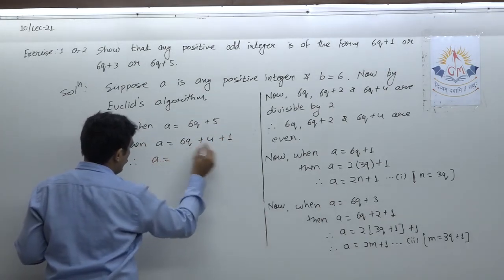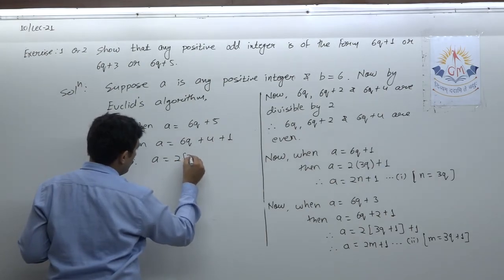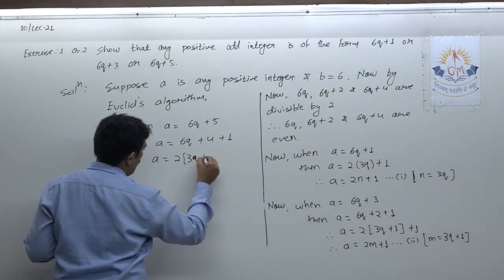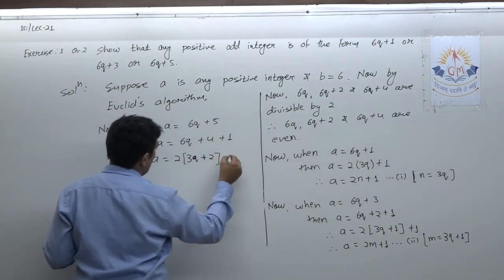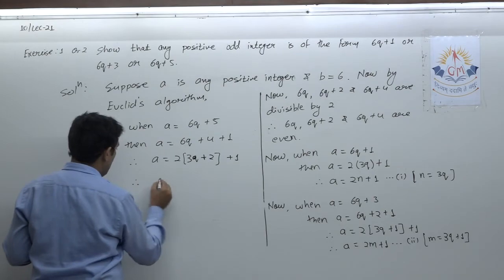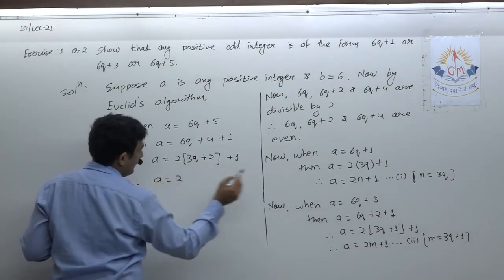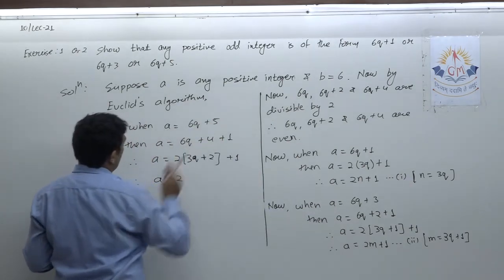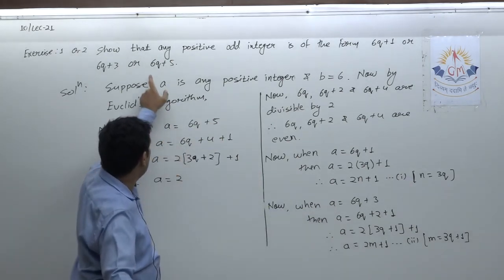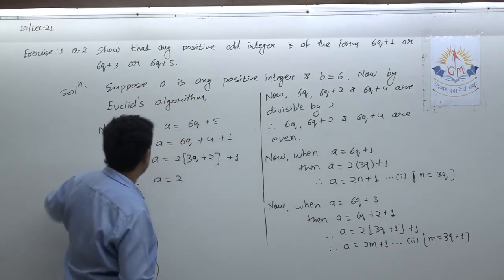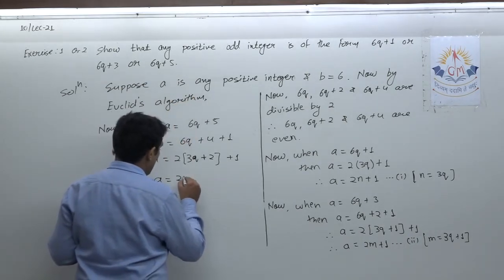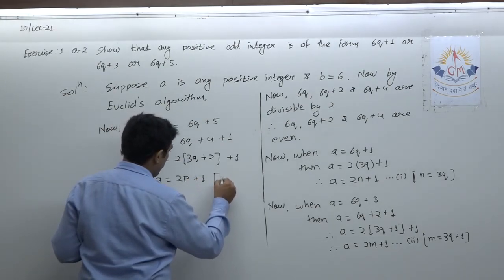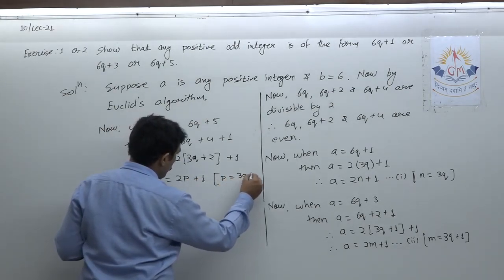Therefore a is equal to, now from these two I can take 2 common, so 3q plus 2 plus 1. Here I used variable n, here I used variable m. Whatever variable I can use other than the variables used in the solution. So here I will use p, 2p plus 1. What is p over here? p is equal to 3q plus 2.